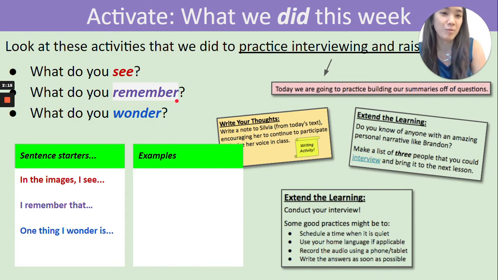Highlighted here is remember, because in days 1 through 4 it's think, and it's changed here to remember. The idea is that students will see these images, which are screenshots of previous lessons, and then recall from their background knowledge and prior learning what they were participating in and practicing previously, to get them ready for today's activity.